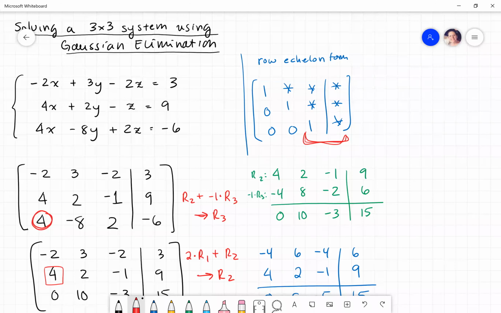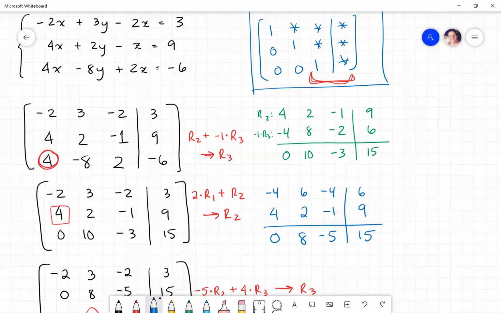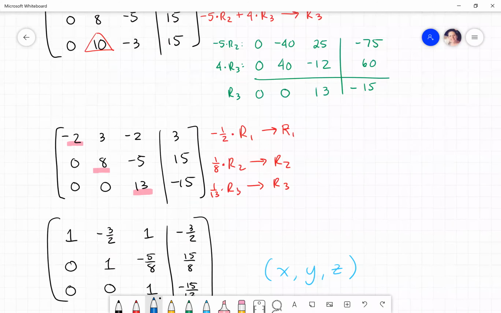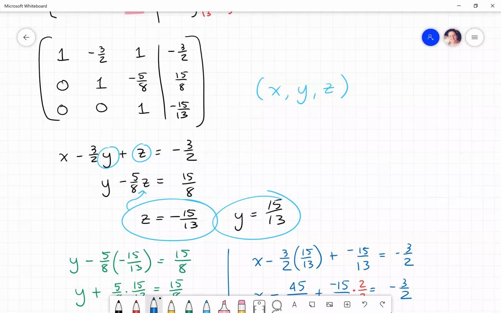All right, so we started here with our system. We reminded ourselves what row echelon form looked like. And then we wrote our augmented matrix that corresponds to the system, did our elementary row operations until the matrix was in row echelon form. Then we undid the matrix thing and wrote a system again.